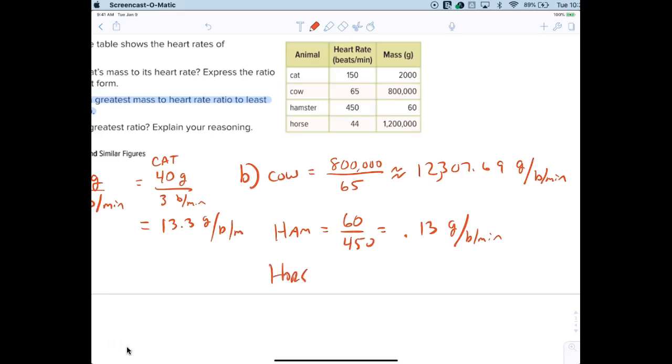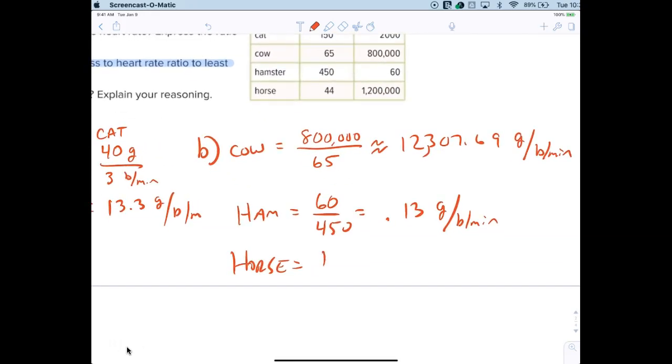Now I need the horse. Someone tell me what the ratio for the horse would be. Anna, go. Tell me what the ratio would be. Yes, over. All right, now tell me what that is approximately.